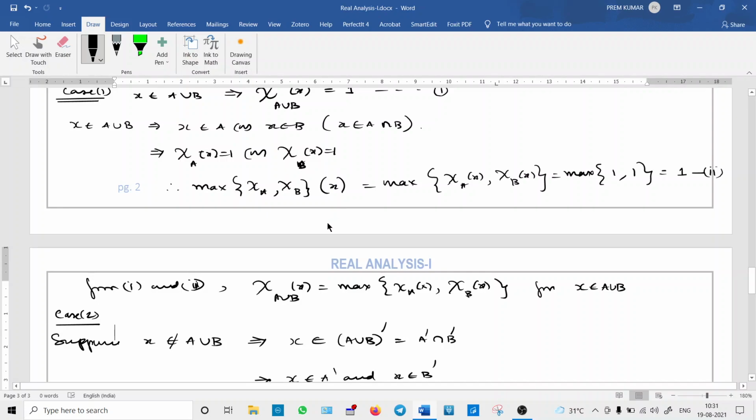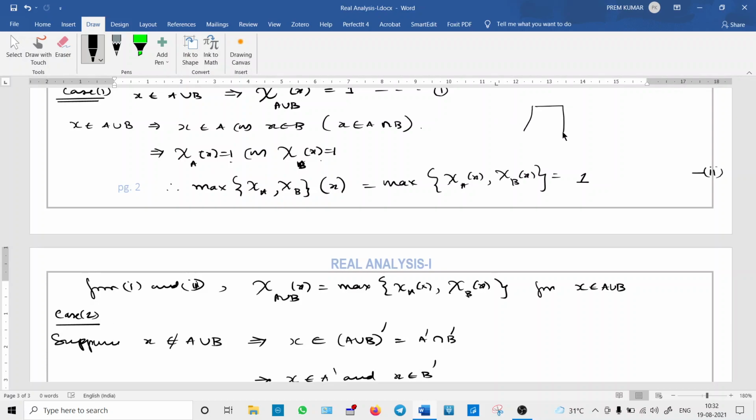Here, instead of this step, we can simply write 1, because we are finding the maximum only. Definitely, suppose x is not belonging to B, it belongs to A only. Suppose this is A and this is B, and this is A union B. Suppose x is fully in A, so what is chi A value?